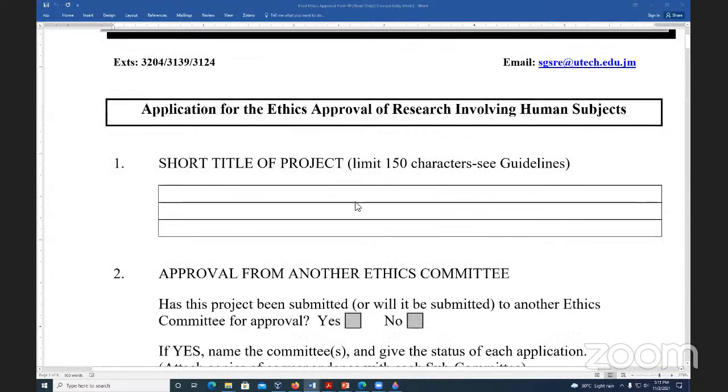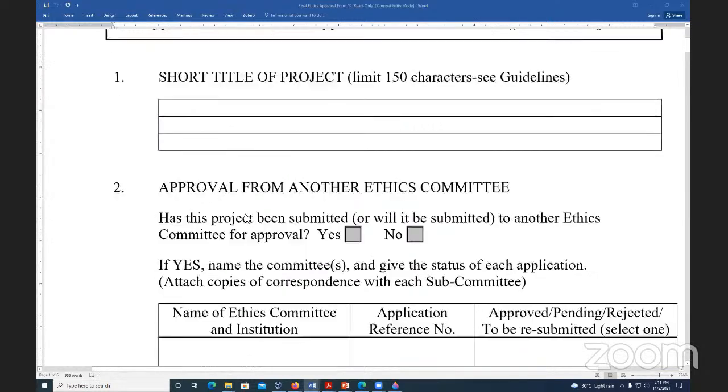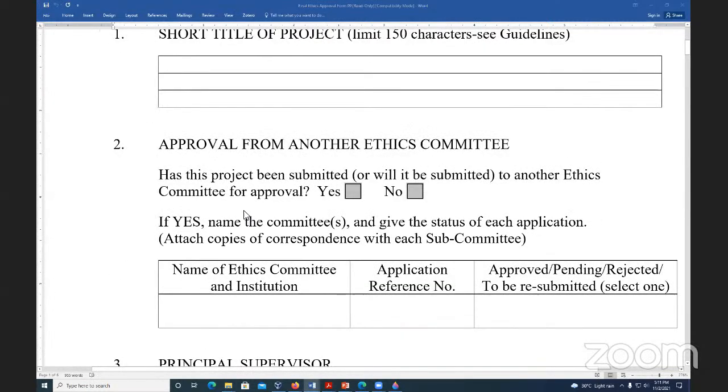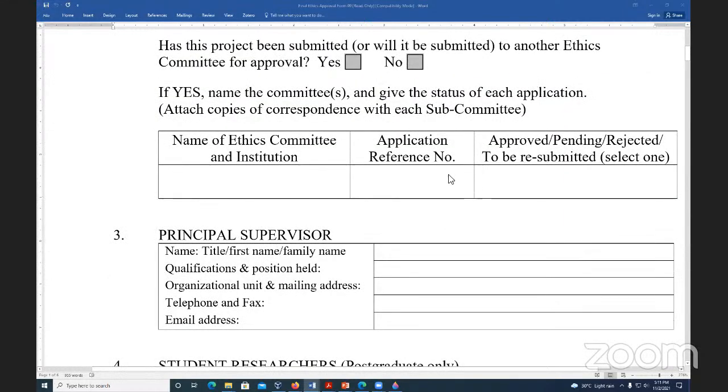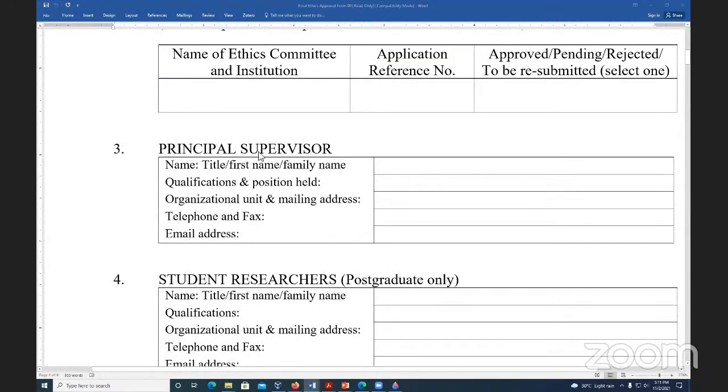The title of the project is the same title, if it's a good one, that you had in your first assignment. Most of these things are sort of automatic. Usually it hasn't been submitted to another ethics committee, and if it was, we would fill it out. The supervisor would be, if it was a major project, the person, but in the context of your class, it would be a teacher.